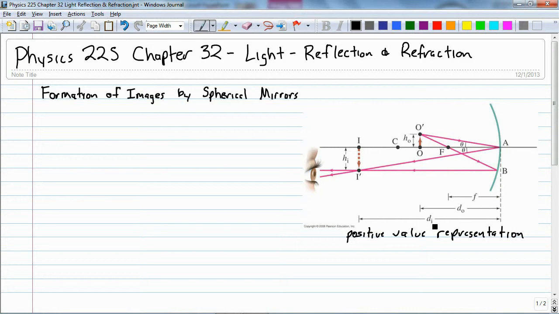So we know that when we have positive values for the focus, the object distance, and the image distance, it's on this side of the spherical mirror. And if it's negative, it would be over on the other side of the spherical mirror. So this is positive, this is on the left-hand side, negative on the right-hand side.